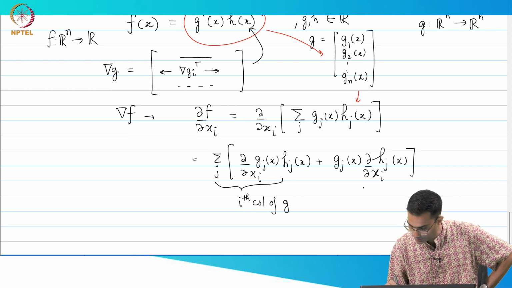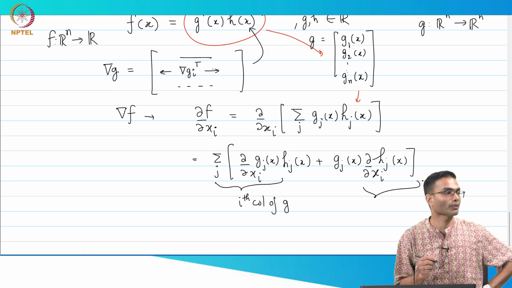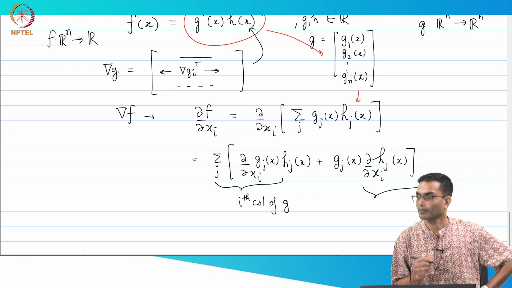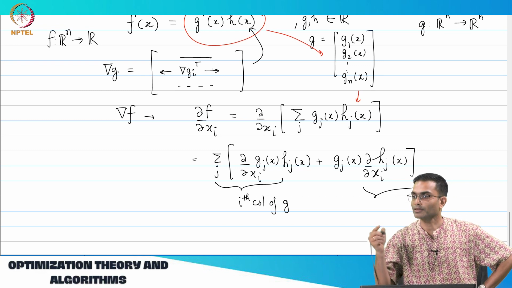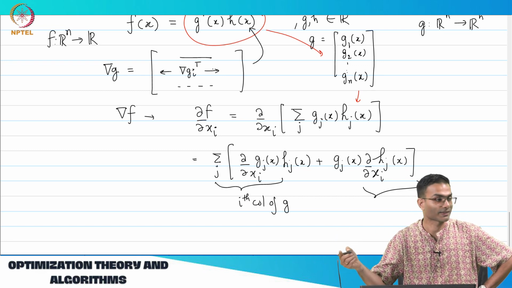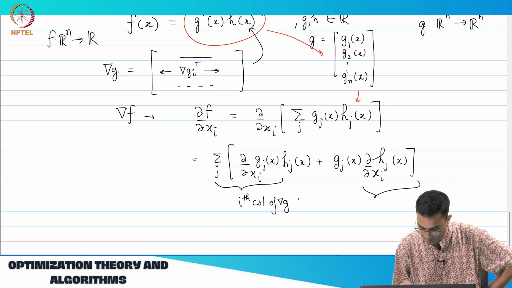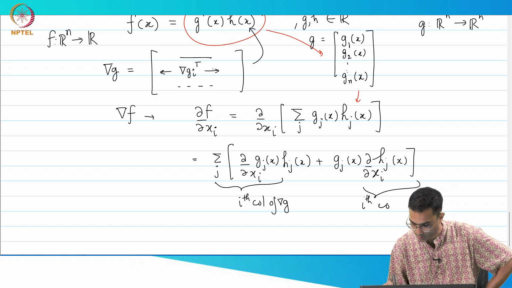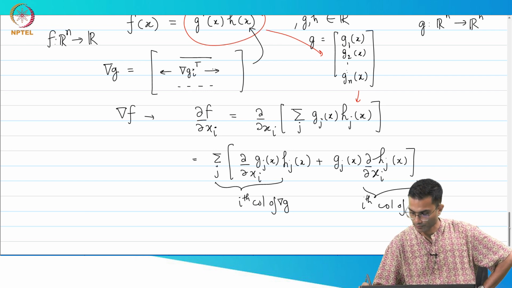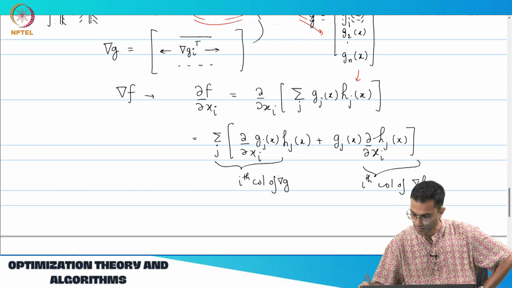Similarly, if I look at this other term, this is going to give me the ith column of grad H, which is also going to be a matrix.